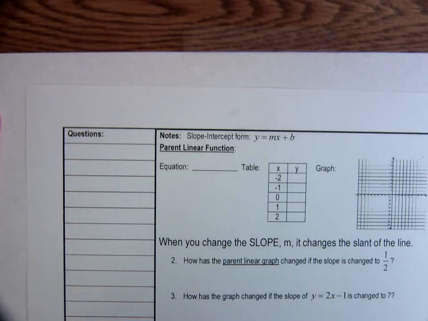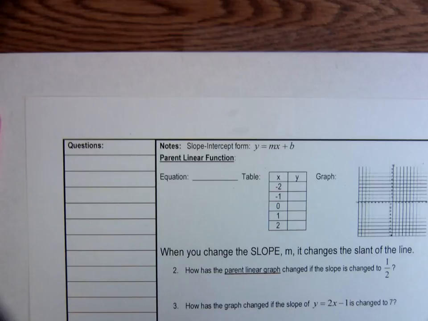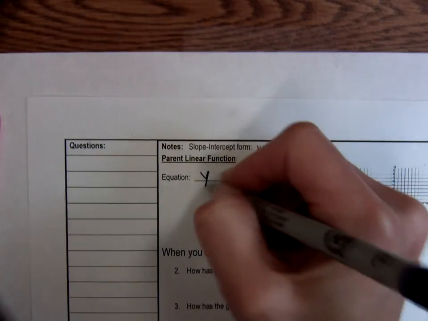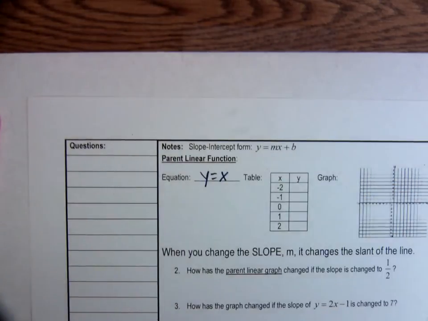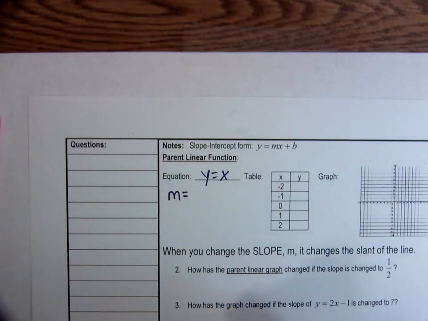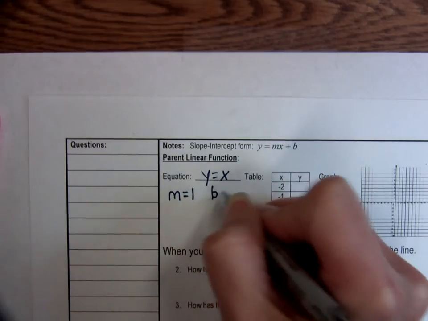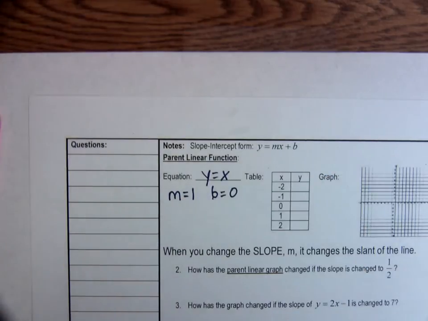So here we've got just the parent linear function. Does anybody remember what the parent linear function is? It's y equals x. Good job. And so what is the m for that equation? Remember, the m is the one next to the x. It's an understood 1. Very good. And the b is going to be 0.